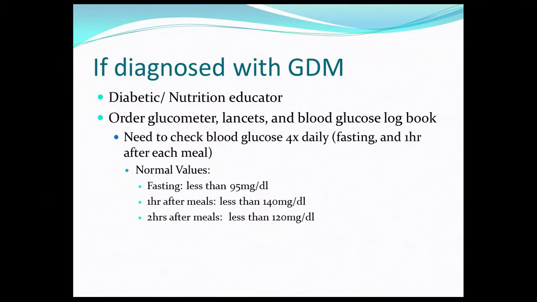You will need to check your blood glucose about 4 times a day. That's at fasting and 1 hour after each meal. And then they will have some normal values that we look for, and those are the goals to achieve. Your fasting at 95, and your 1 hour after meals being about 140 or less.